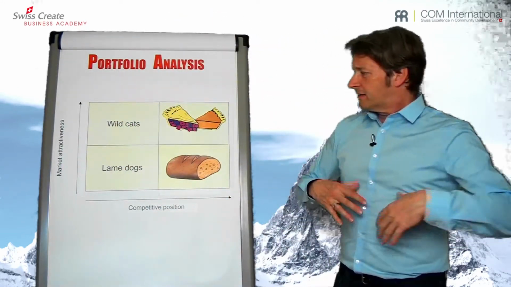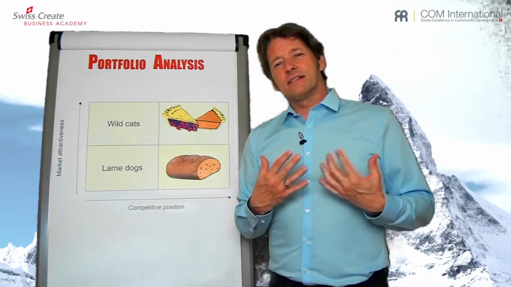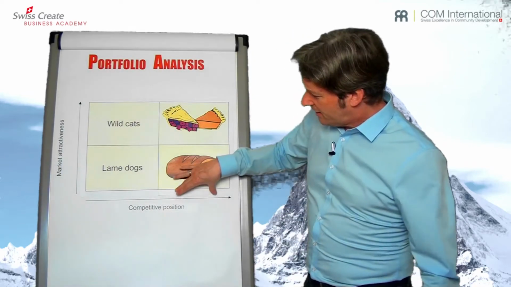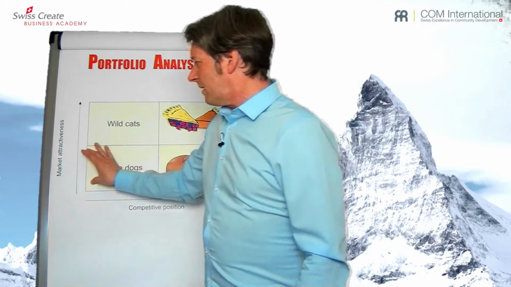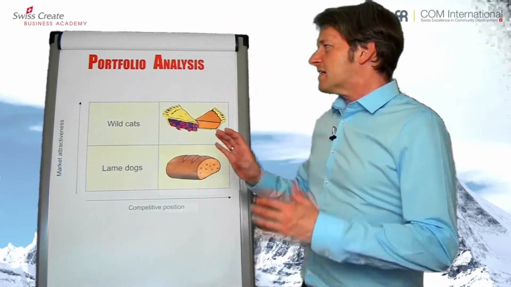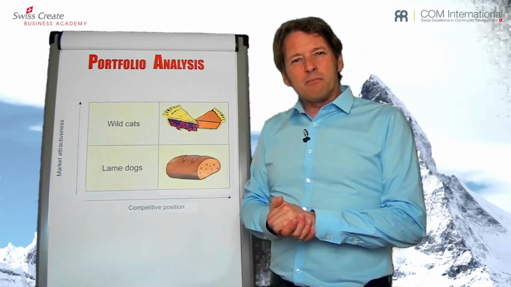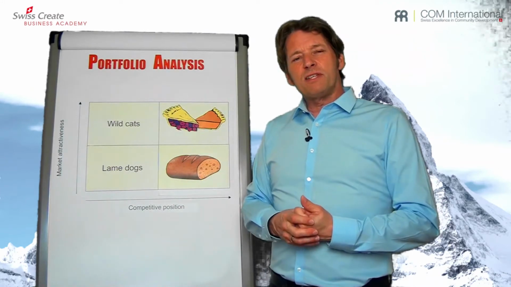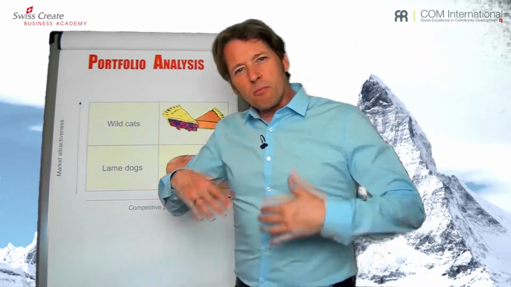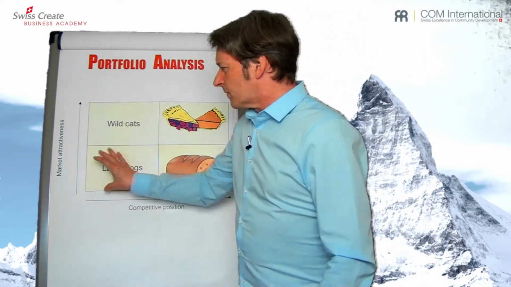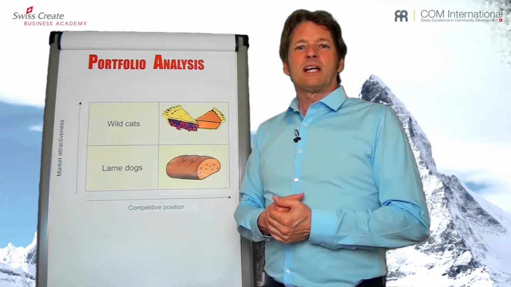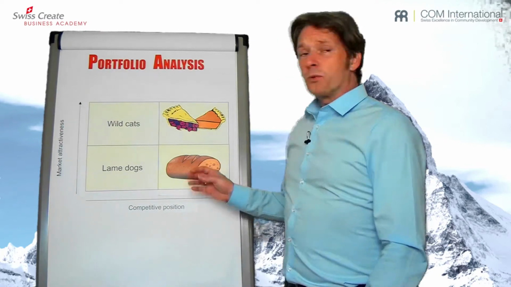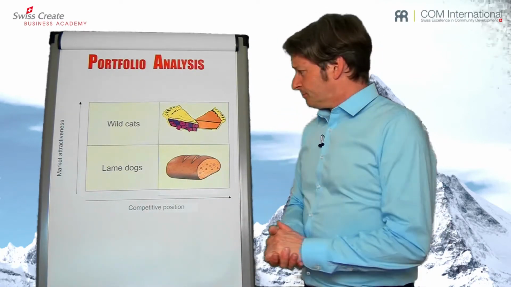This product, I have still a very good market position, but the market attractiveness is not that high anymore as it was 10-15 years ago, because competition is coming, and also there are other healthy food and alternatives to this whole grain bread.